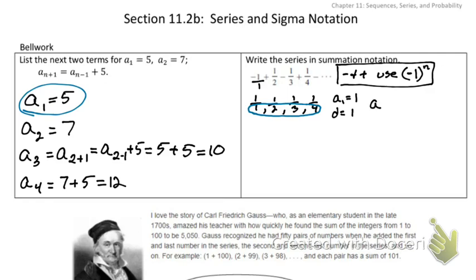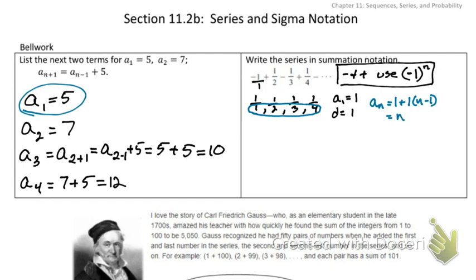So that means that our equation, just for our denominator, note we're just doing our denominator here, is, in fact, I'm going to write this in blue to match that blue denominator there. So we'll have a sub n is going to equal our first term, which is 1, plus our d value, which is 1 times n minus 1, which we can rewrite as just 1n.